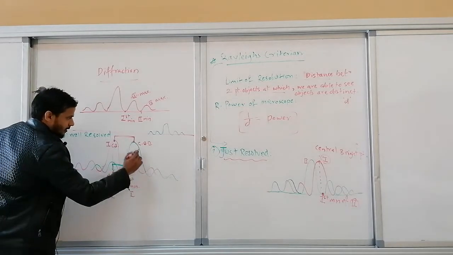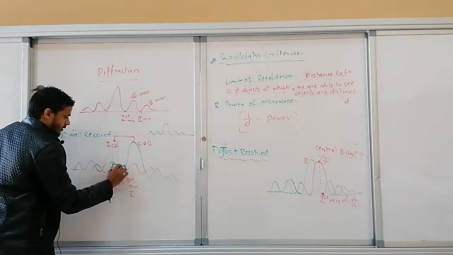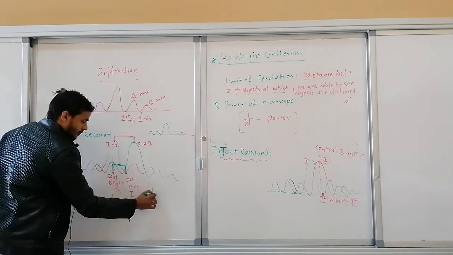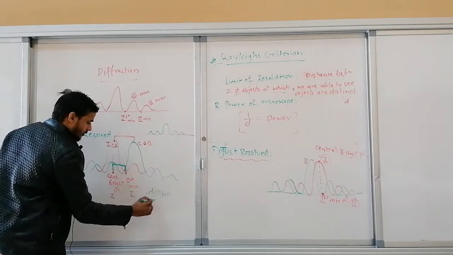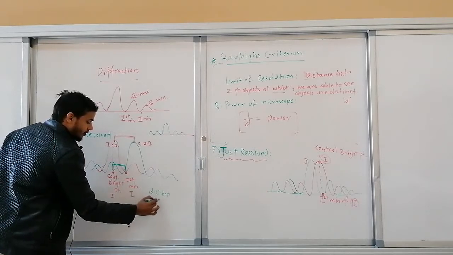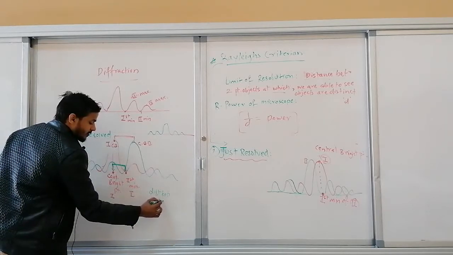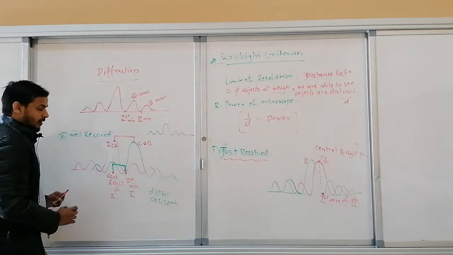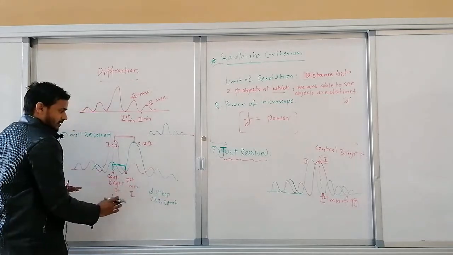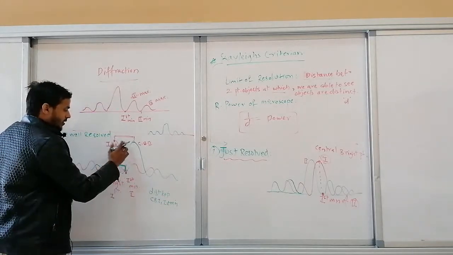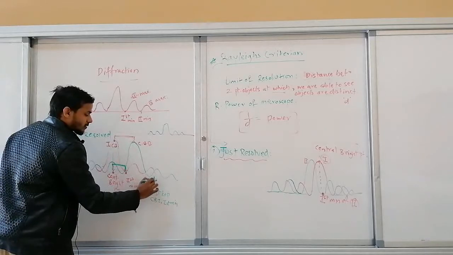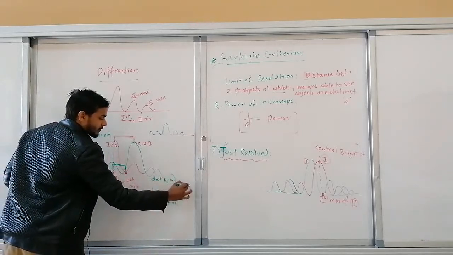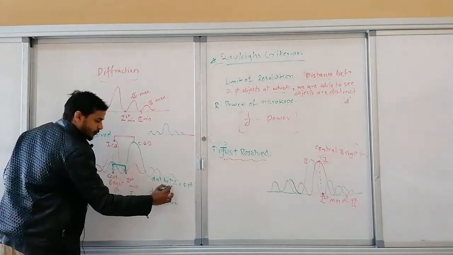What is this? This distance and this distance. This green is the distance between the central bright point of the first and the first minimum of that wave. This is some distance and this is some distance. What is that some distance? The distance between the two central bright points of both.